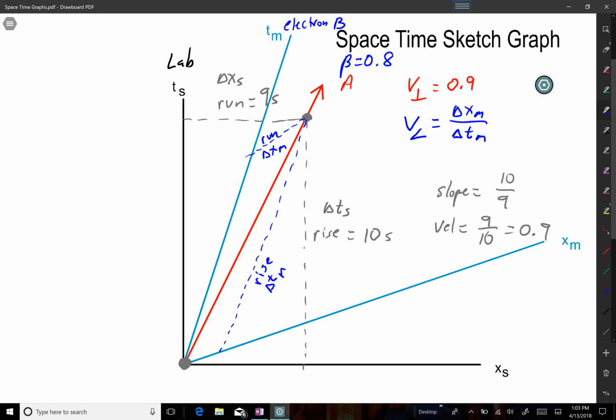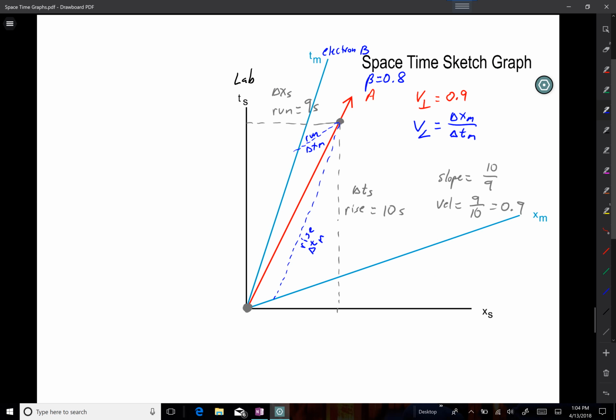Now, the second question says, what if electron A is going in the opposite direction of electron B? Let's take a look at how that would change things. I'm going to extend my axis line back this way.